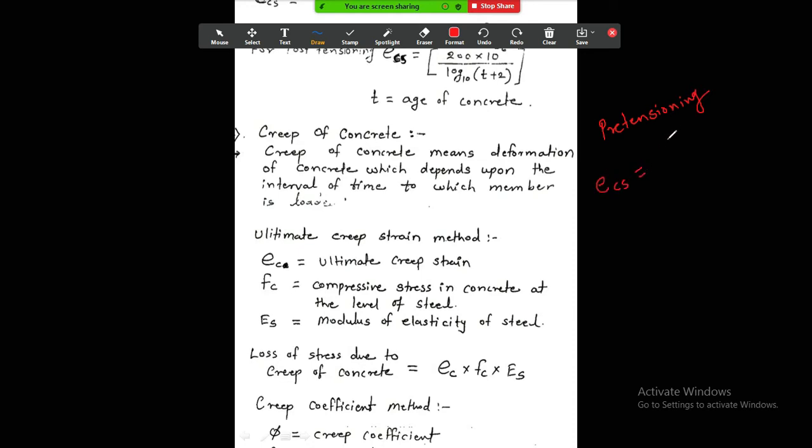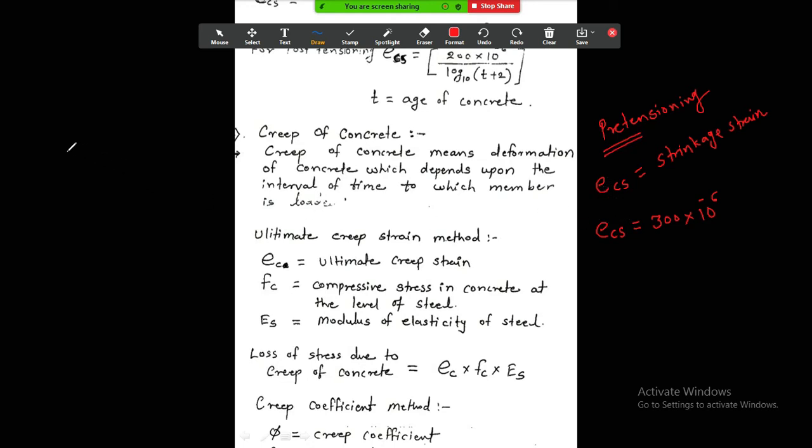ECS is the shrinkage strain. And how do we calculate it? ECS is equal to 300 into 10 to the power minus 6, in the case of pre-tensioning.